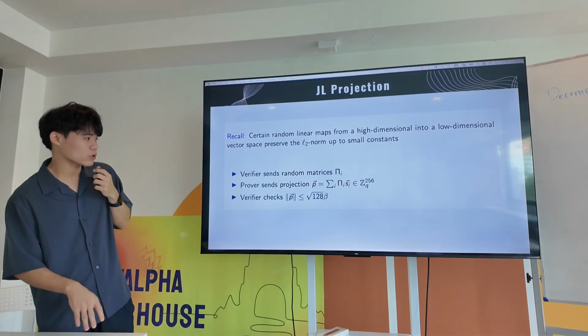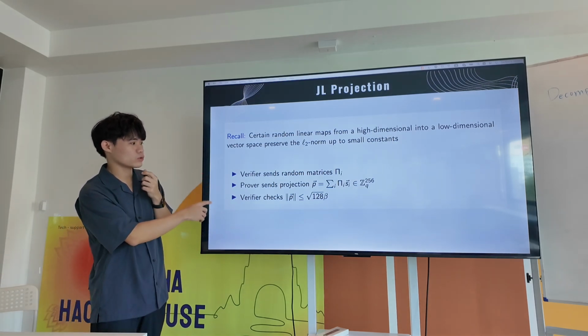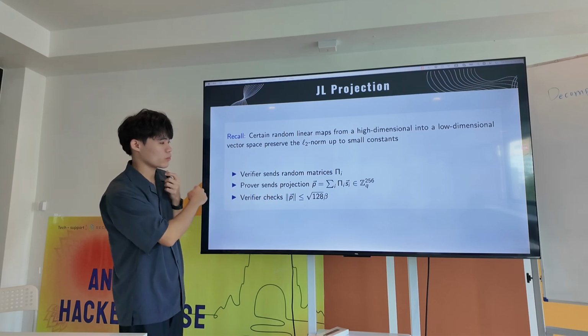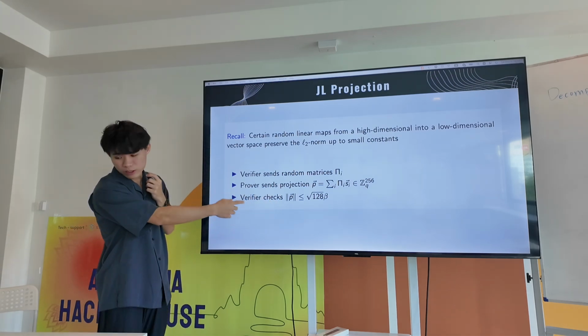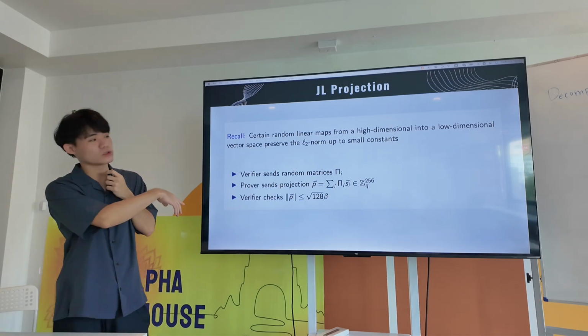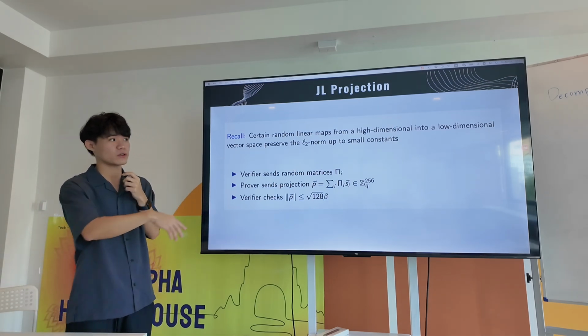How it works is that the prover sends a random matrix, proves the projection, and the verifier checks it. This part Juno will explain later.